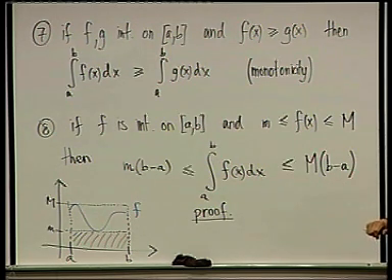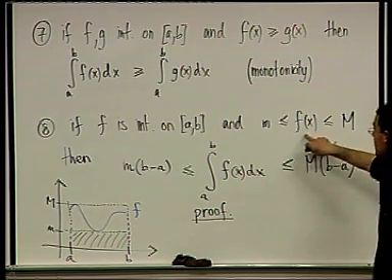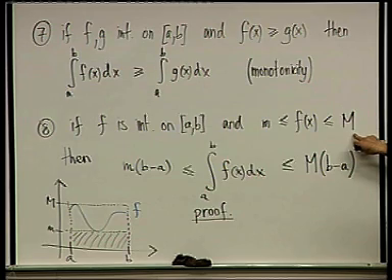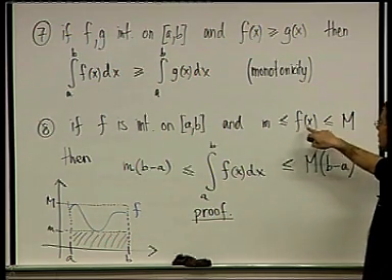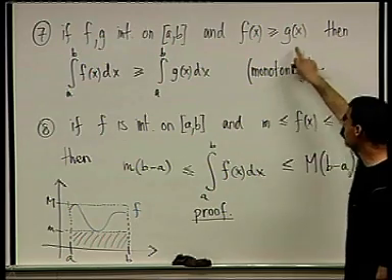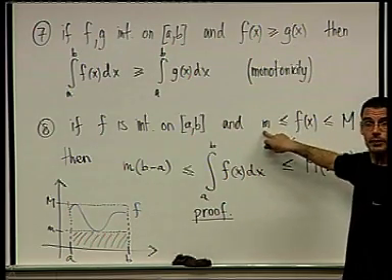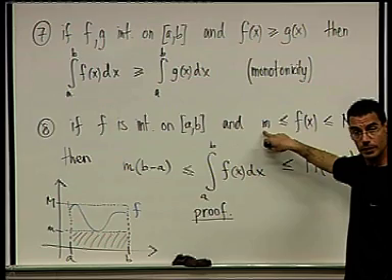Use number 7. How do we use number 7? Well, let's do the other side, saying that f is greater than m. Take g to be this m, the constant function m, right?